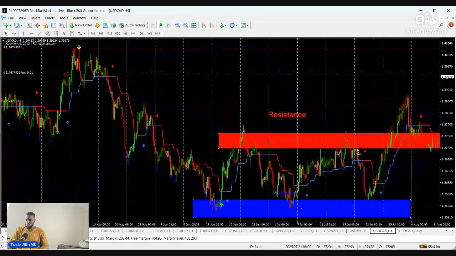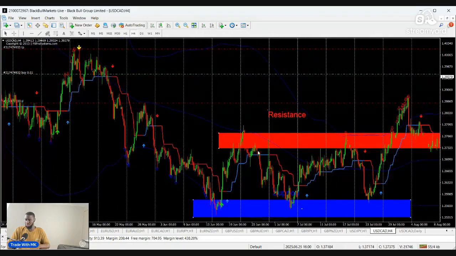I join the resistance with the red zone. These are zone areas, it's not just one line. Whenever the price comes into this zone, I consider that as resistance. Whenever it comes down to the blue zone, that's where it is a support.